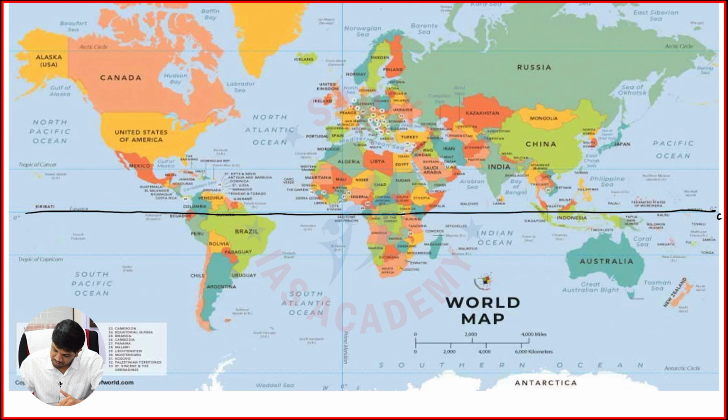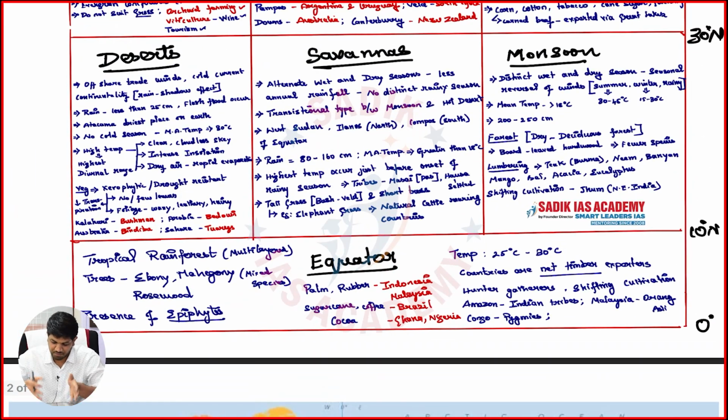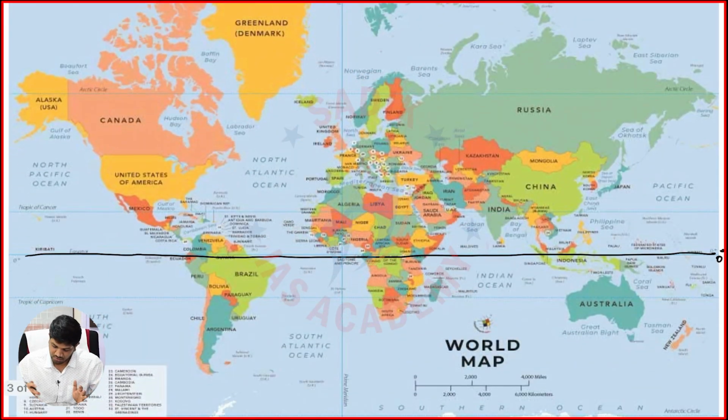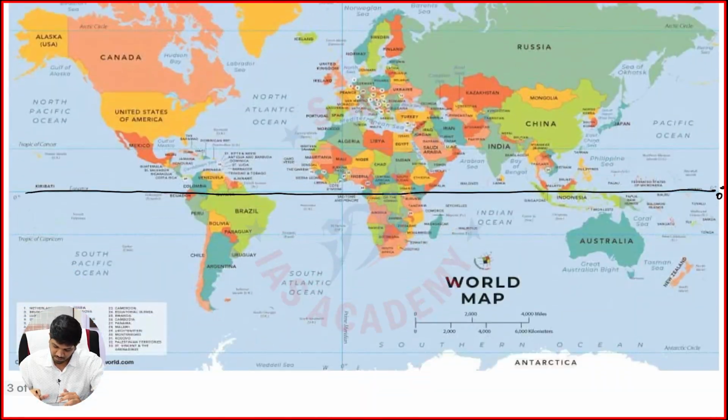It is at 0 degrees. Now, if you place this checkerboard, it will exactly match the climate and the specifications drawn in the checkerboard. So, we will match this and we will see something.